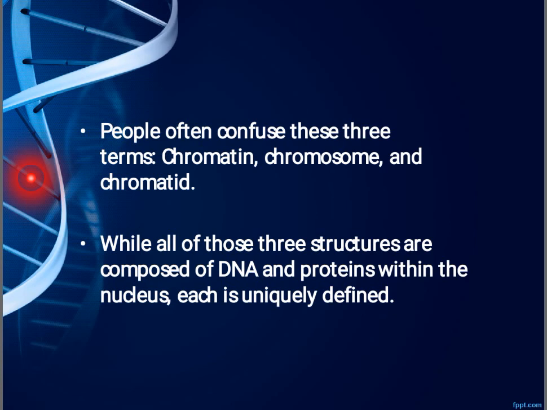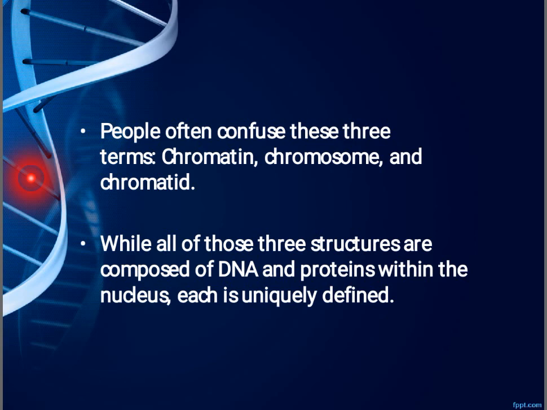The chromatin is a lower order of DNA organization, while chromosomes are the higher order of DNA organization. So this is how we can differentiate chromosomes and chromatin.